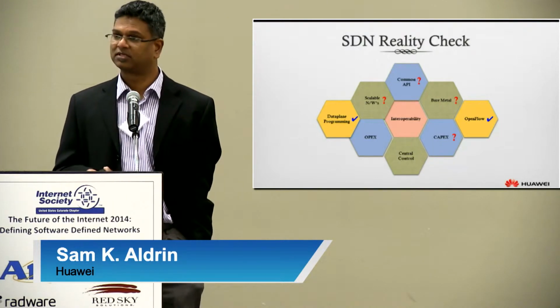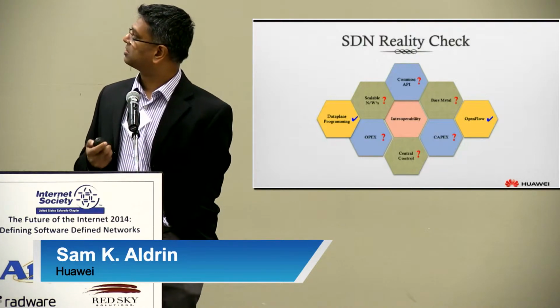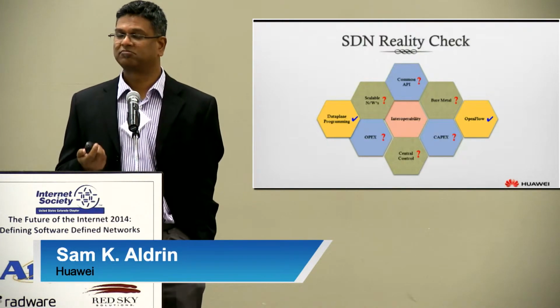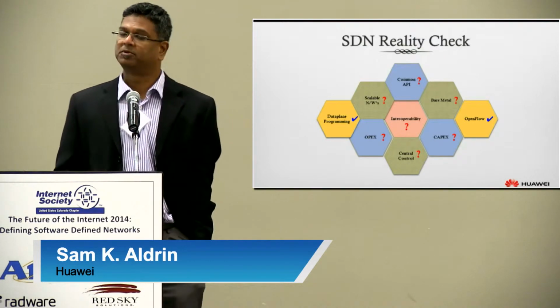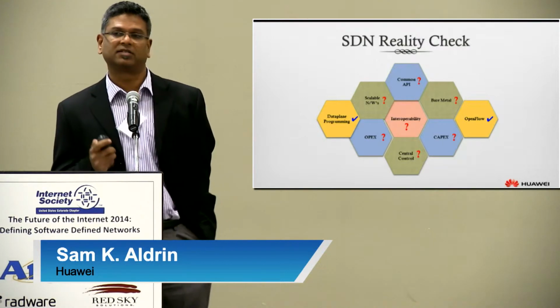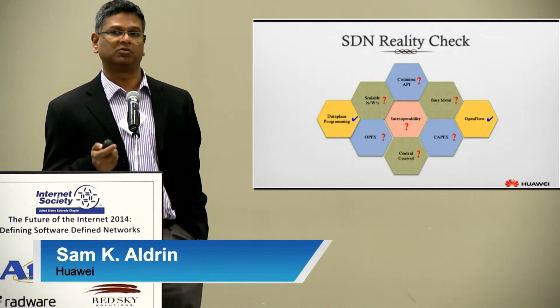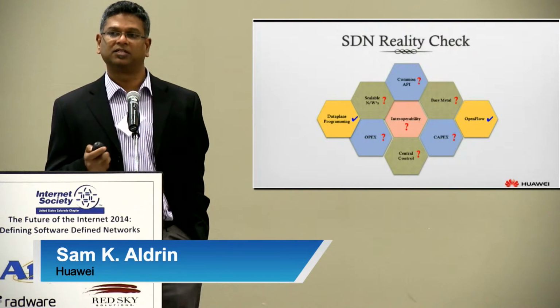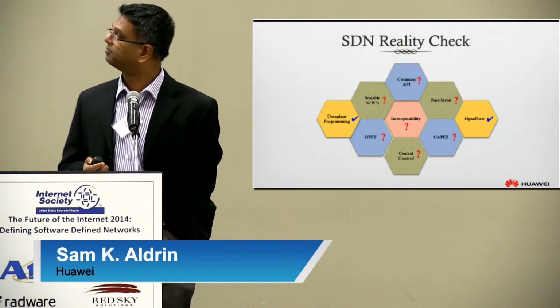So the CapEx is not reduced yet. And whether centralized control or OPEX, there's still a question mark on those fronts as well. And interoperability is a big challenge at this point of time because everyone thinks of SDN in their own terms and how they want to do and how they want to provide. So that means interoperability is still a big challenge in this area.